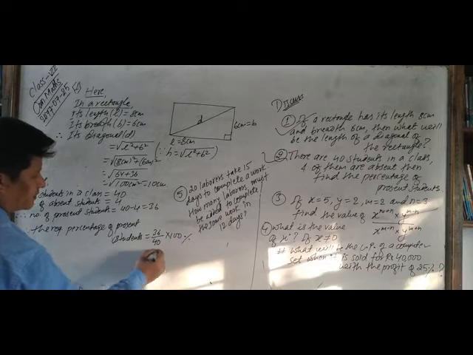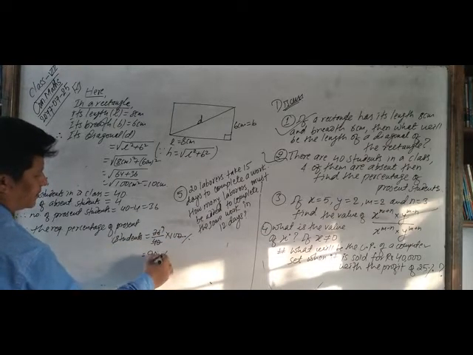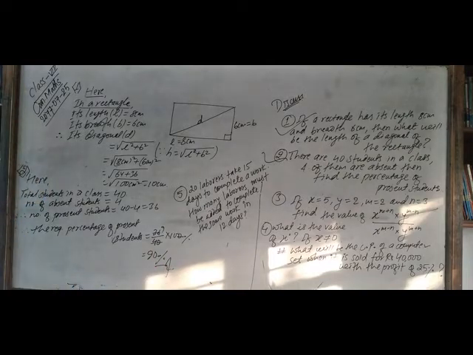Here the zeros cancel, 9 fours are 36, so 90% is the percentage of present students in the class. In this way you can solve.